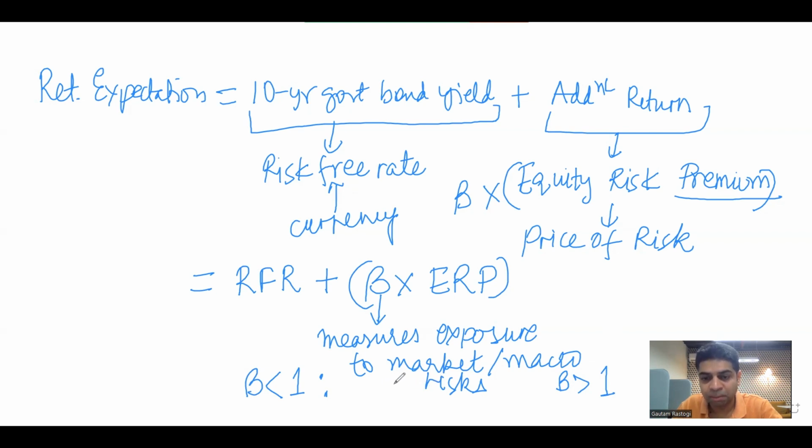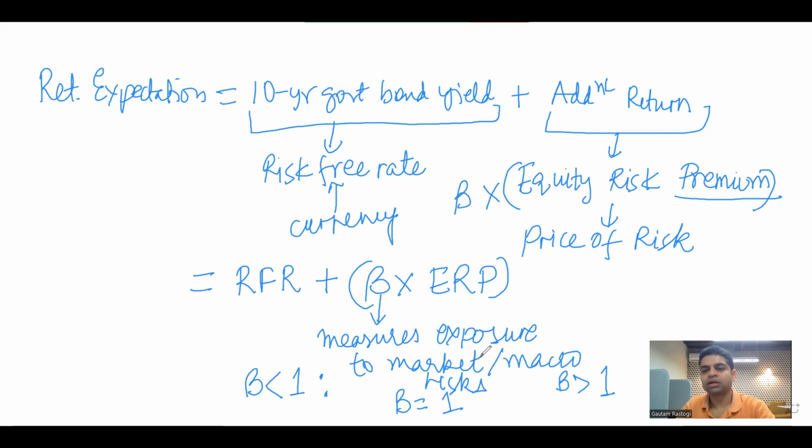And beta for the market itself, if we just invest in the index, is 1, so you just take on the equity risk premium. Depending upon the company you invest in, it could be more risky or less risky. So beta is really a risk measure.